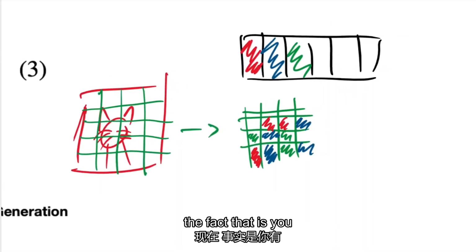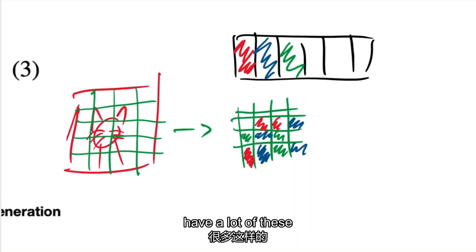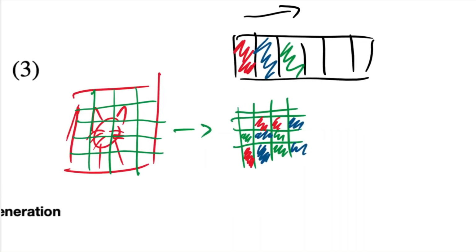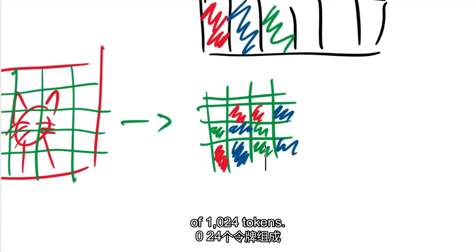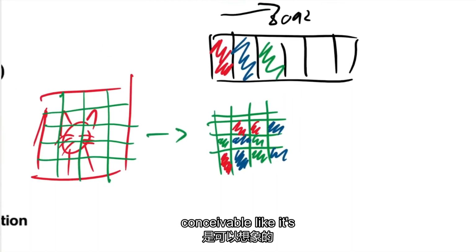Now the fact that you have a lot of these vectors, right? In fact you have 8,092 vectors in DALL-E, and the image only consists of 1024 tokens. So it's conceivable, it's not like here where you have to reuse the same token over and over again. But one of these tokens could, for example, be sky.